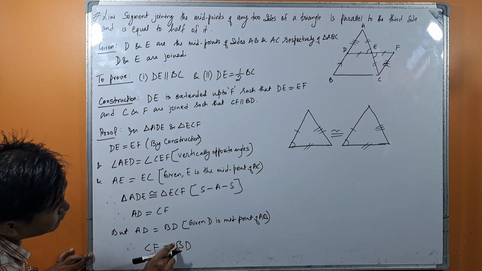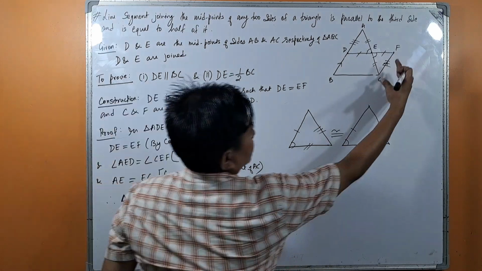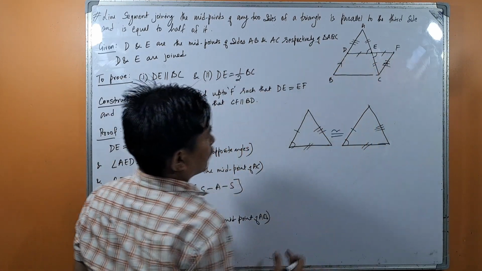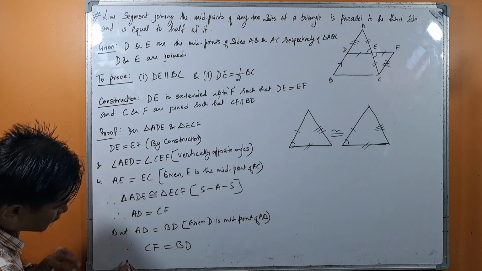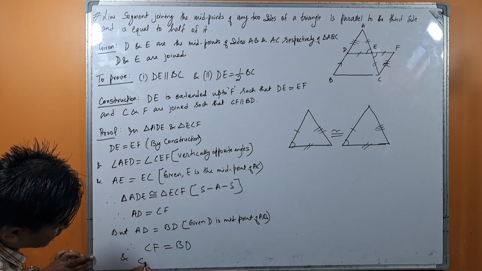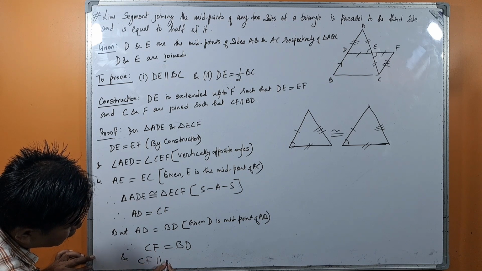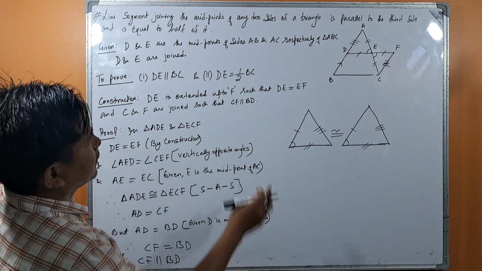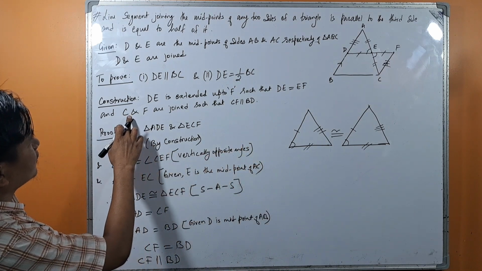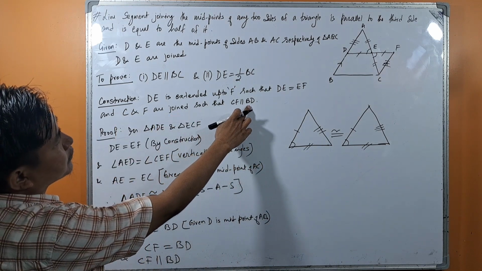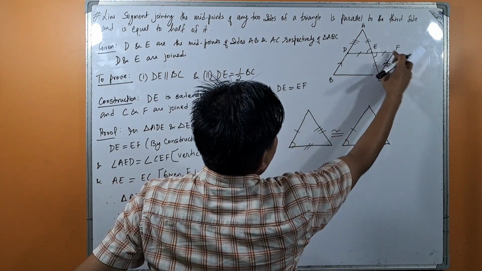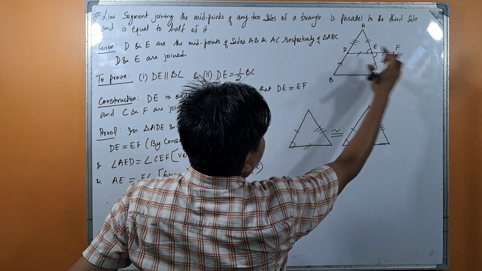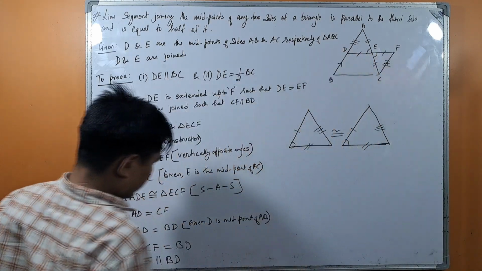Okay, this CF and BD are equal. And we also have CF parallel to BD, by construction. So CF and BD are parallel to each other, and CF and BD are equal to each other.